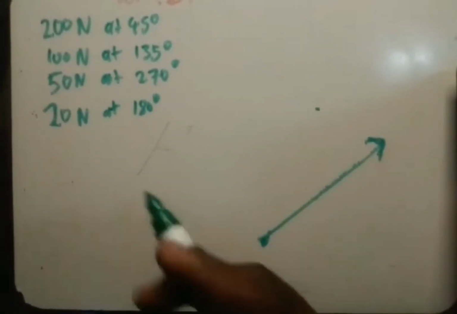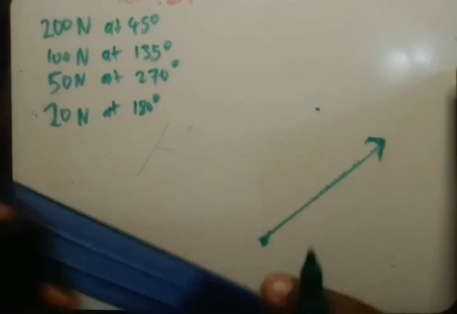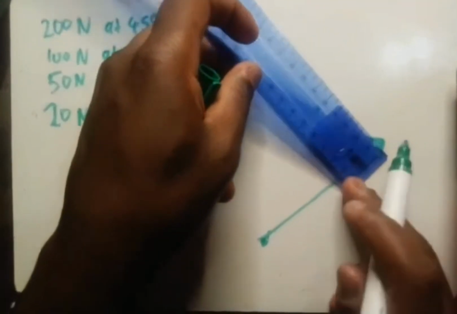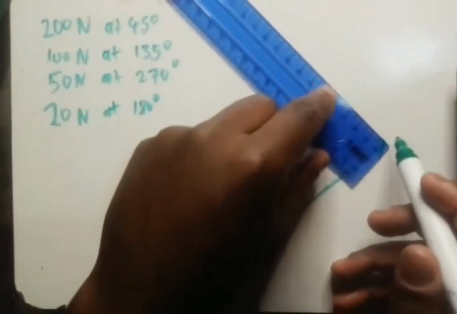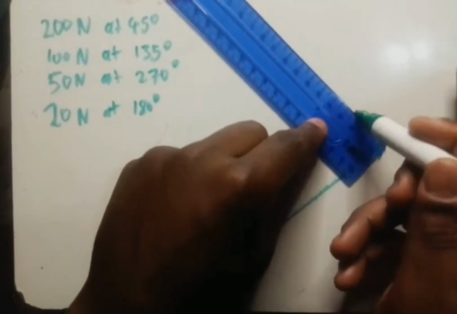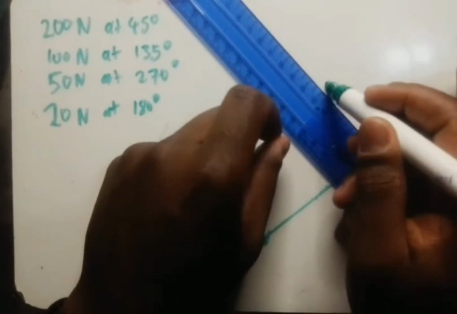If this is 100 newtons, it means it's gonna be 5 centimeters because of my scale. So I'm gonna have to measure 5 centimeters. And then we have it.